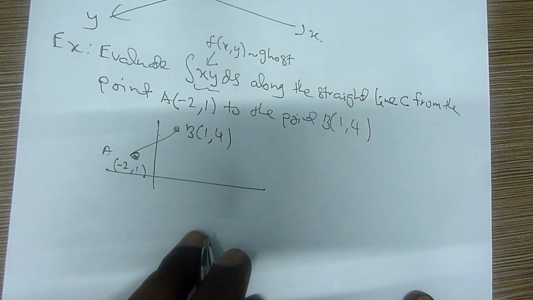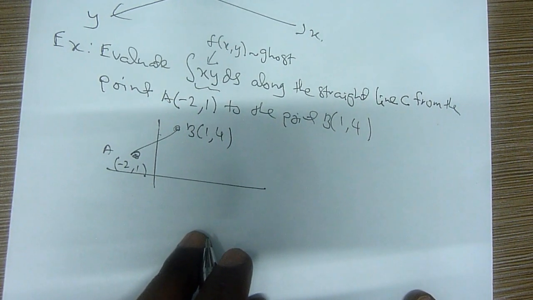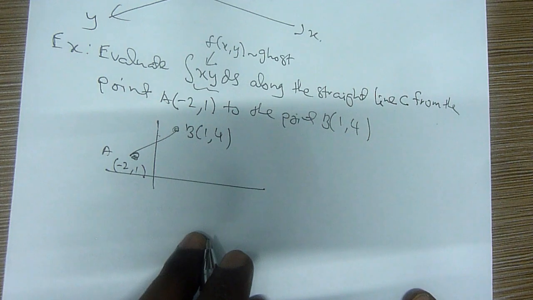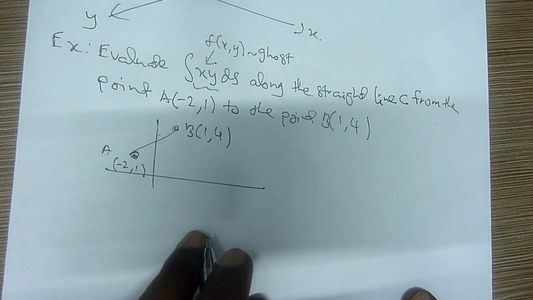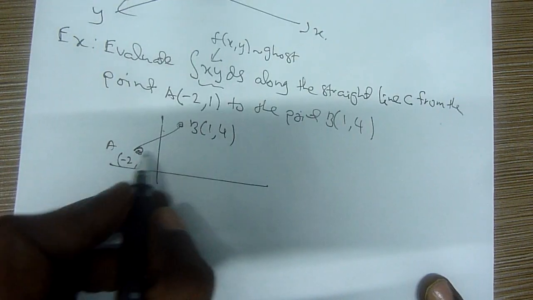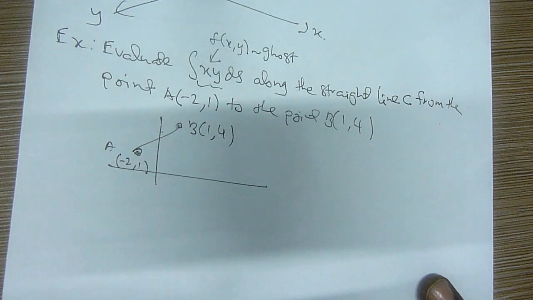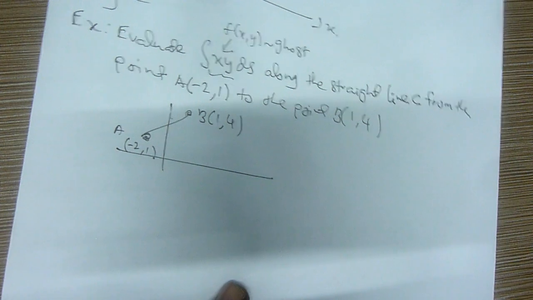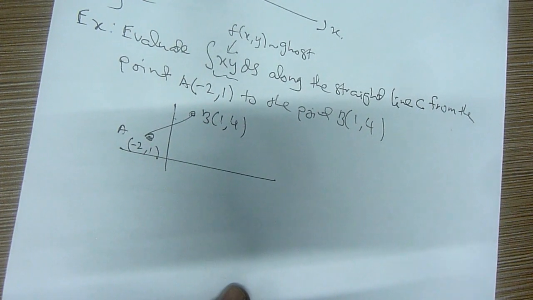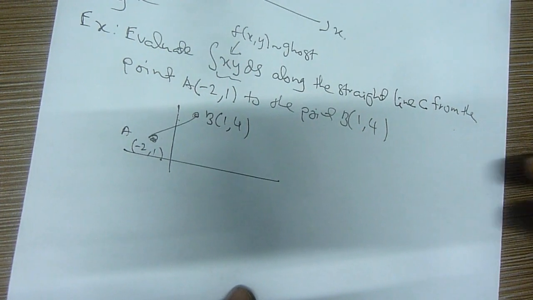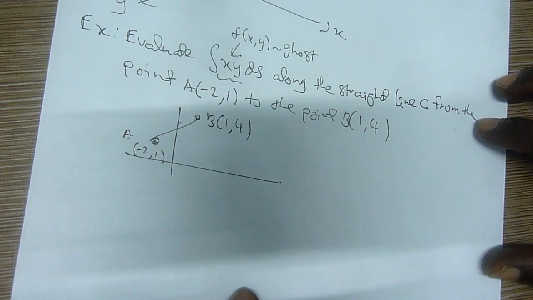How many ways are there to handle this problem? First question: where is the equation for this line? You don't have the line equation, right? Therefore you have two options.